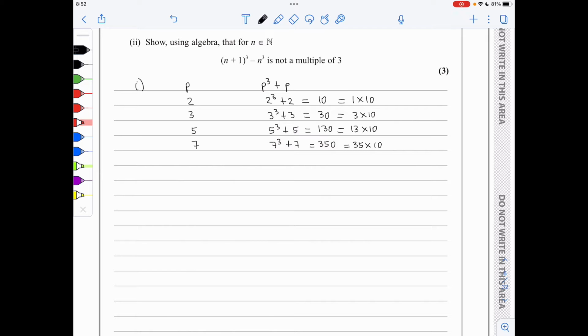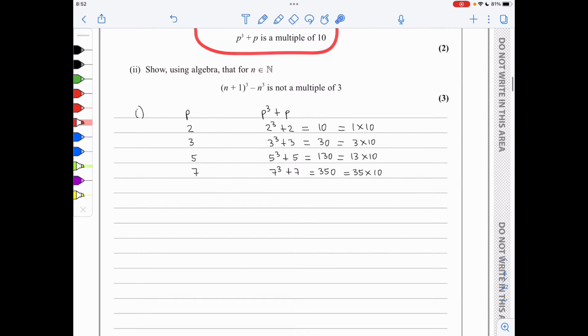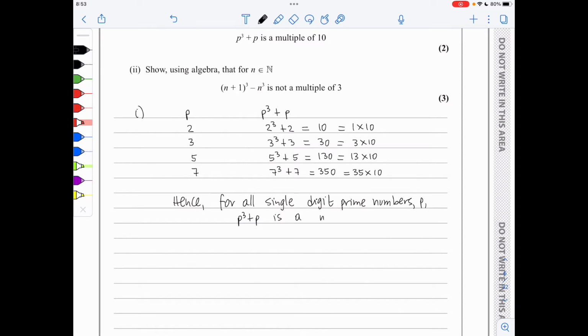The only thing missing is a conclusion, which is pretty much whatever we were asked to prove. So I would say, hence, for all single digit prime numbers p, p cubed plus p is a multiple of 10.